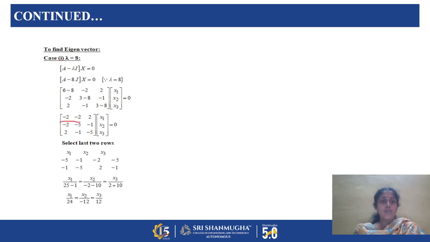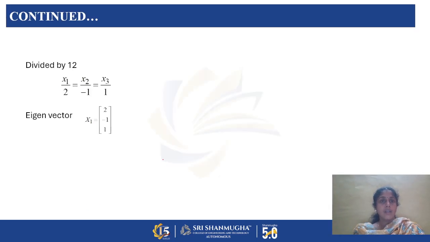Now select the last two rows as we discussed earlier. x1 divided by (minus 5, minus 1, minus 1, minus 5), x2 divided by (minus 1, minus 5, minus 2, 2), and x3 divided by (minus 5, minus 1). By cross multiplication, I get x1 by 24, x2 by minus 12, and x3 by 12, which I can divide by the common number 12. So the first eigenvector x1 is 2, minus 1, 1 for the eigenvalue lambda equal to 8.